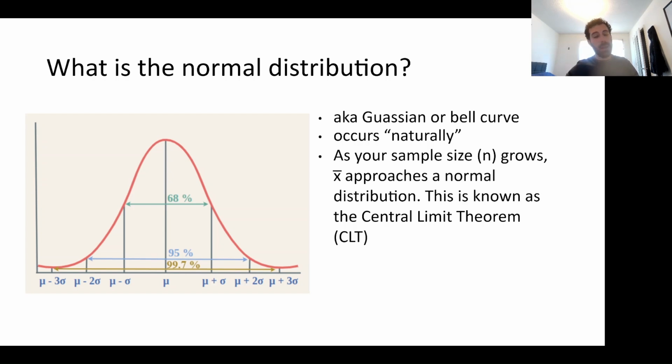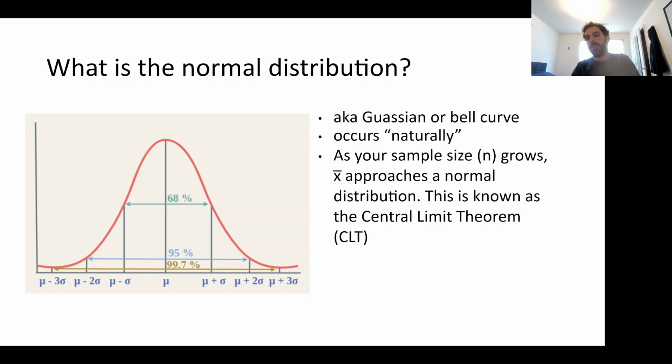So like income, we talked about before, is not normal. It's heavily skewed, right? It's not symmetrical, it's not bell-shaped, it's not even on both sides. There's much more mass towards the left side of that distribution than on the right side. However, if I were to take the average salary from that distribution and then collect another sample, take the average of that sample, and then collect another sample, take the average of that sample, and repeat that process many, many times, those averages would be normally distributed.